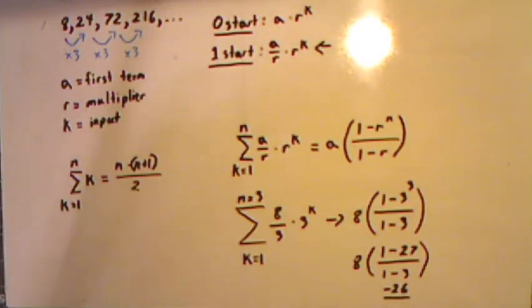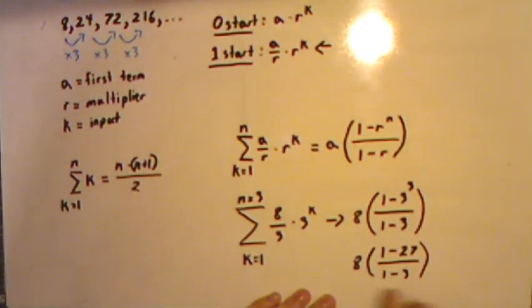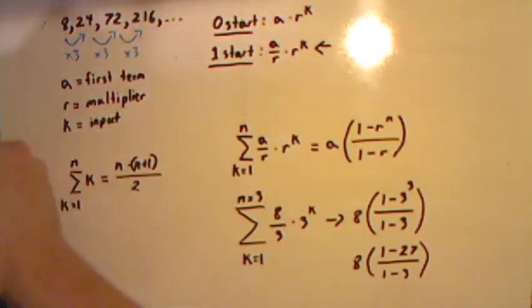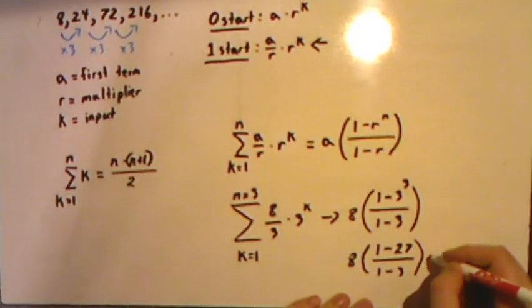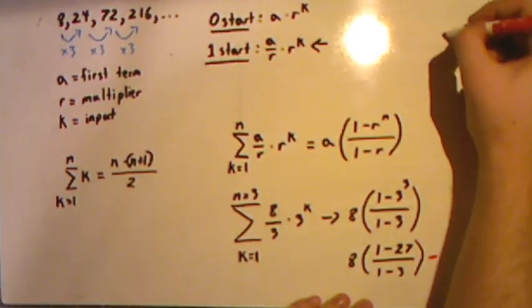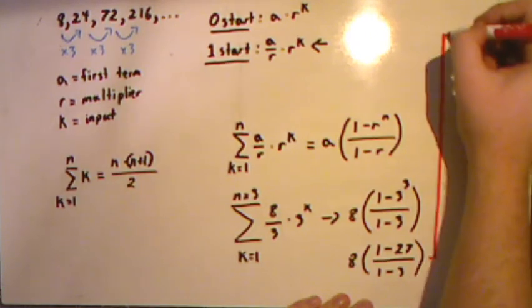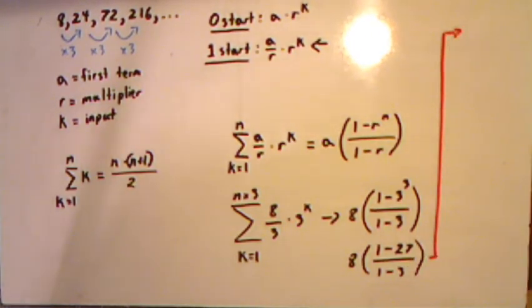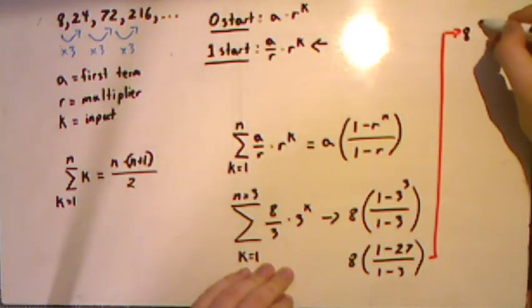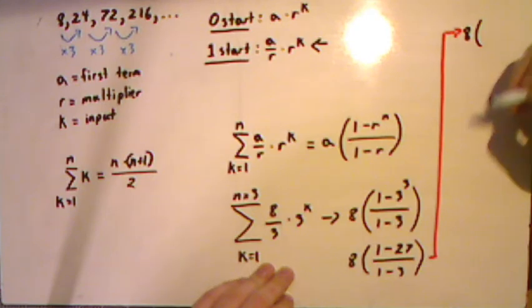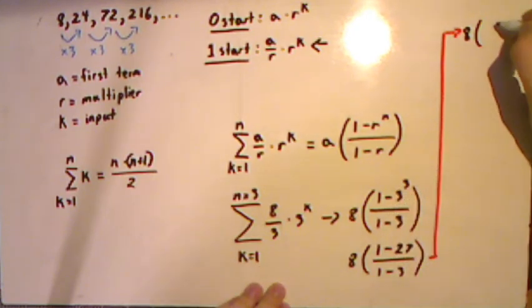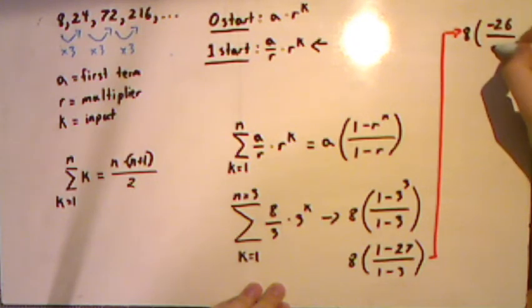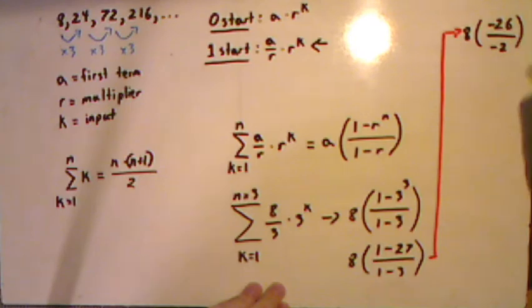Let me actually move that over to make sure we have the room for it. So now up top here, we're going to keep our 8, and we're going to start simplifying this fraction, where 1 minus 27 is the same as negative 26, and 1 minus 3 is negative 2. In this case, this fraction can be simplified much smaller.